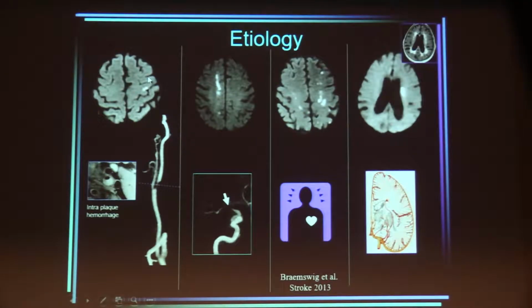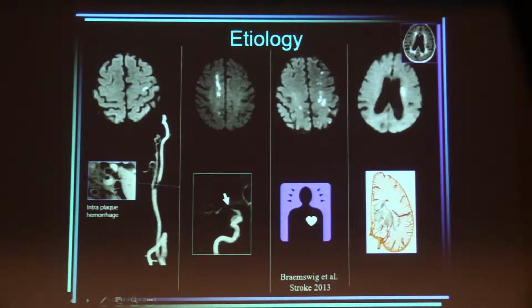The other information you get very easily, simply looking at the diffusion, is sometimes the stroke etiology. When you have a lesion like this one, and you also perform the cervical MR, you can see here a high-grade stenosis, and this should be managed urgently because this stenosis is symptomatic.